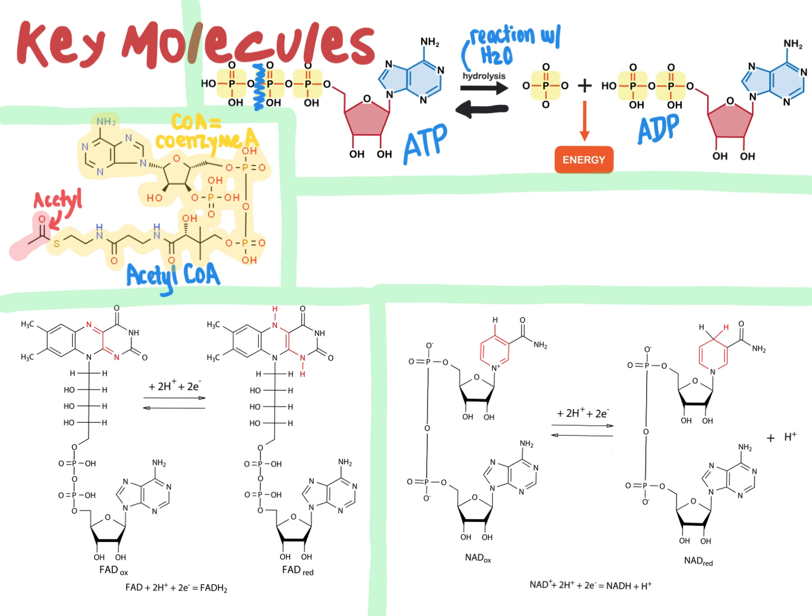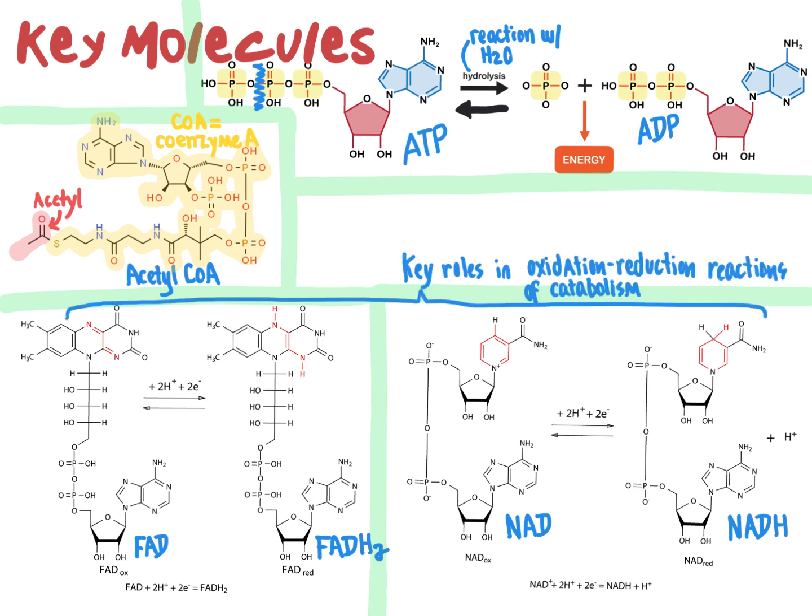These two molecules are referred to as FAD and FADH2 as a pair here, and these two are referred to as, on the left, NAD, on the right, NADH. The FADs and the NADs serve pretty analogous roles in oxidation and reduction reactions that are essential during catabolism. These are very, very key players within the generation of ATP.